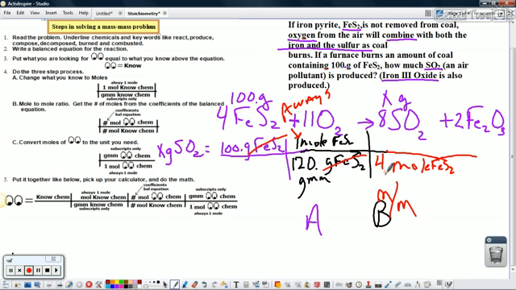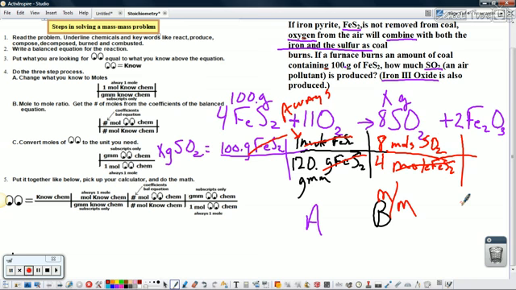Now I'm going to leave moles of FeS2. Where am I trying to get to in this balanced equation? Do I want to know Fe2O3? Do I want to know O2? I want to know this. That's where my X is. So I'm going to say 8 moles of SO2.